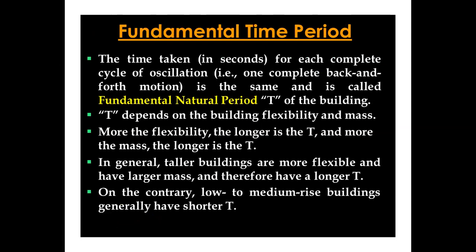The more the flexibility, the longer is the T, and the more the mass, the longer is the T, right? In general, taller buildings are more flexible and have a larger mass, and therefore have a longer fundamental time period. On the contrary, low to medium high-rise buildings generally have a shorter T, right?